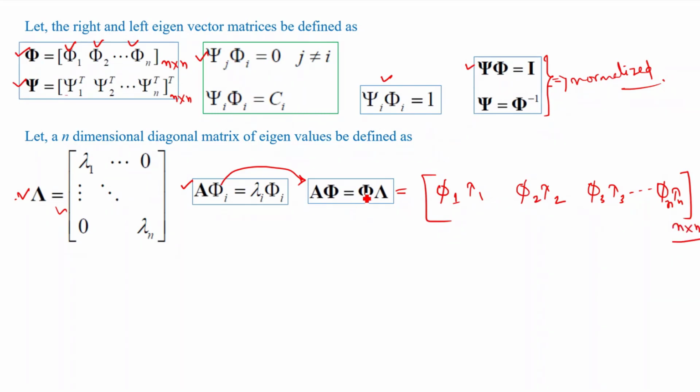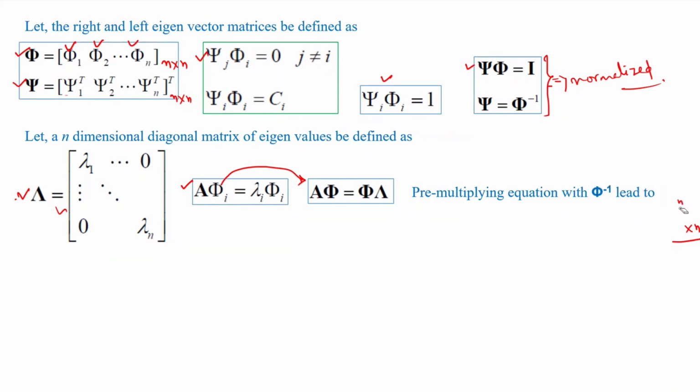So this is equal to phi times the diagonal matrix consisting of all the eigenvalues as the diagonal elements. Now, in this equation, if we pre-multiply by phi inverse, the diagonal matrix becomes equal to phi inverse A phi.